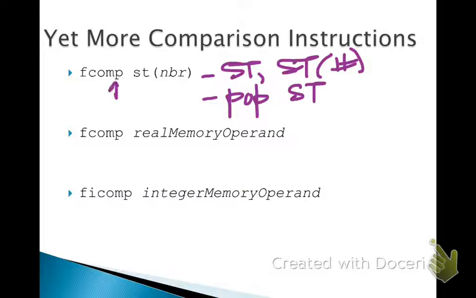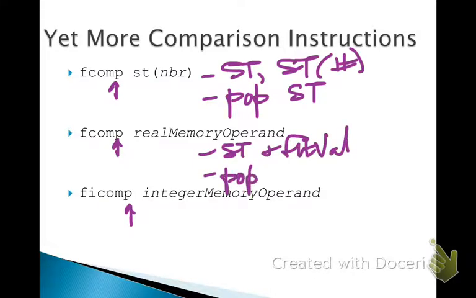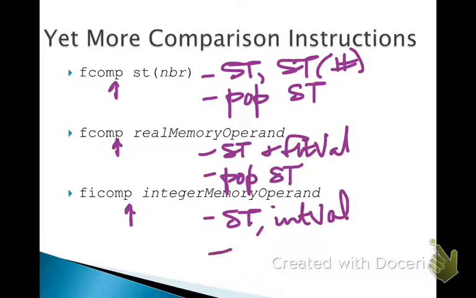Again, we're looking at the P suffix on these. This one's going to compare stack top and float val and pop stack top. And finally, this one's going to do an integer comparison of stack top and int val, whatever the integer value in memory is that you indicate, and then pop stack top as a result.